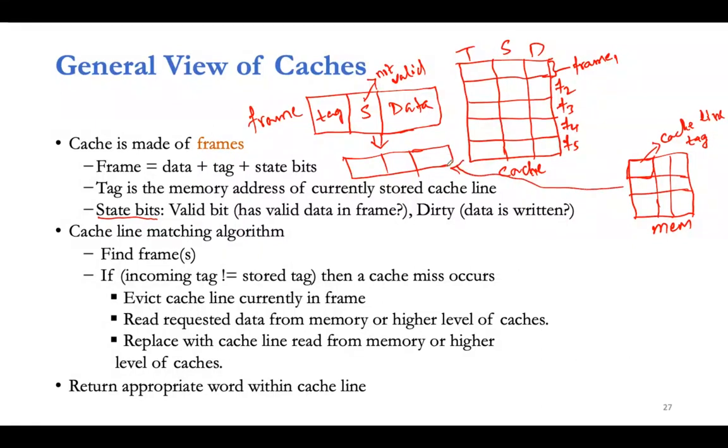That new data, say data 1, will be written into this frame, the valid bit will be changed to S1, and based on the cache line address, the address will be updated, referred to as tag 1. So this is the frame description.